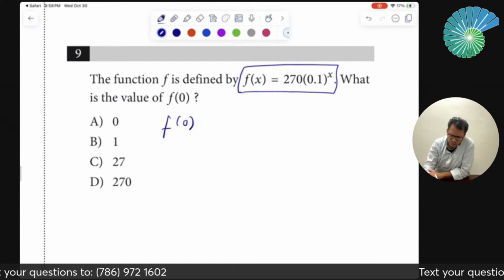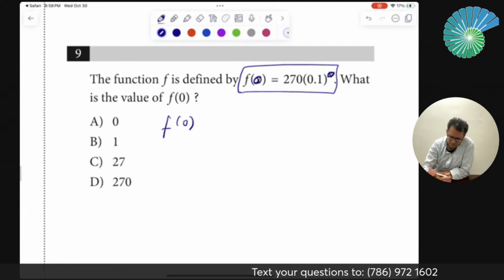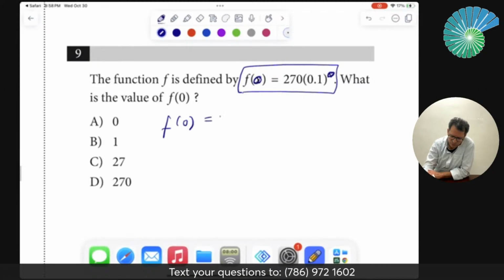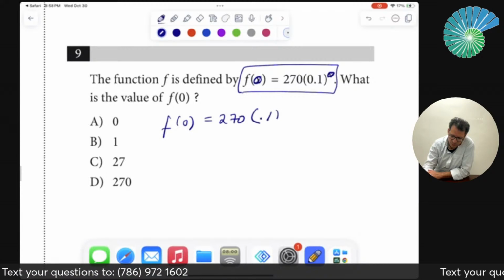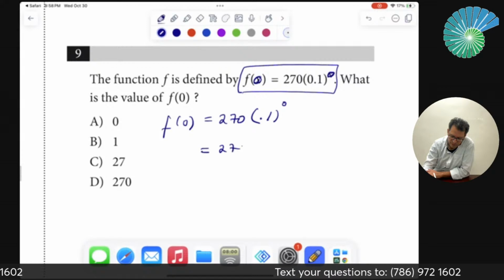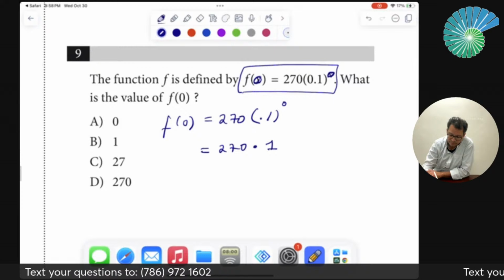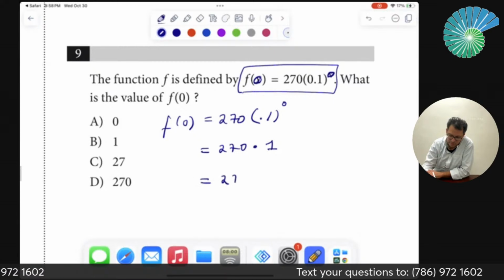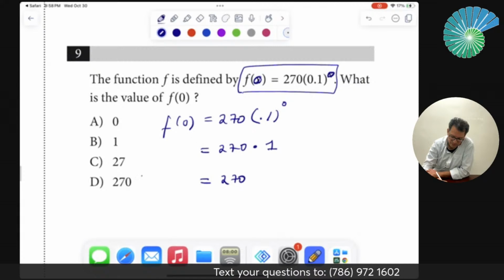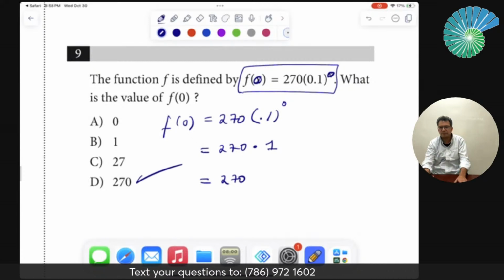The meaning of this is that you're going to replace whatever you see as x with a 0. So f of 0 will be equal to 270 times 0.1 raised to the 0 power. And anything that is raised to the 0 power is equal to 1. So 270 times 1 is 270. That's the answer.